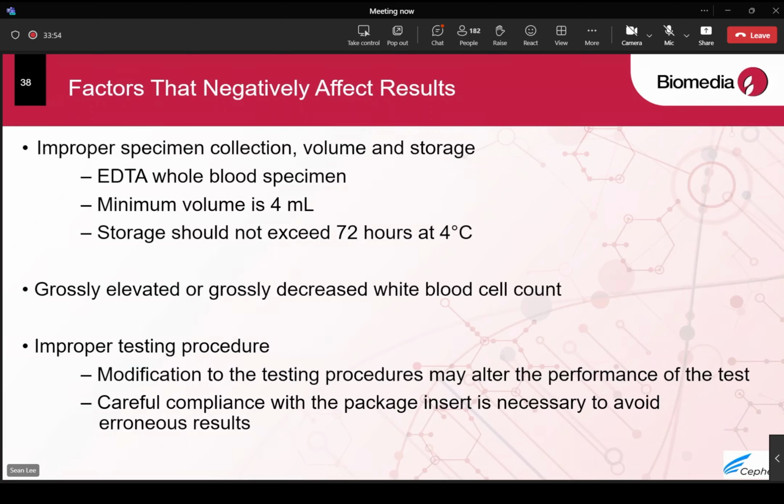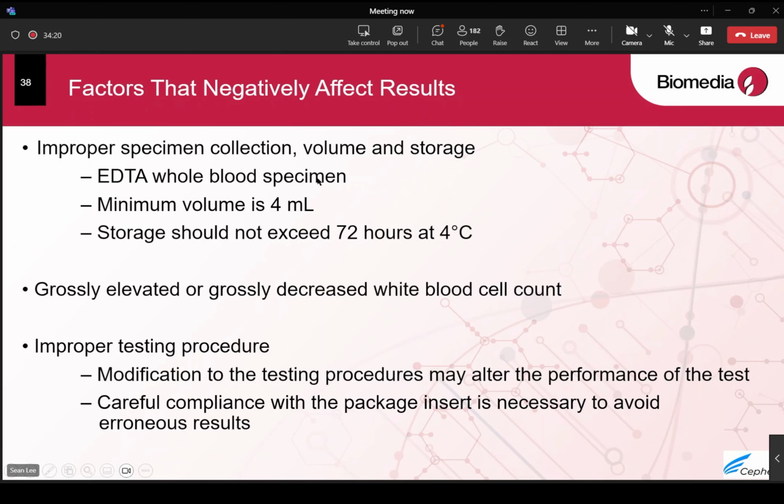To eliminate this, you have to use an EDTA whole blood specimen. If you use blood collected in another type of tube, it may affect the result. You need at least a minimum volume of 4 ml. Storage time should not exceed 72 hours at 4 degrees Celsius. This is for the whole blood sample.